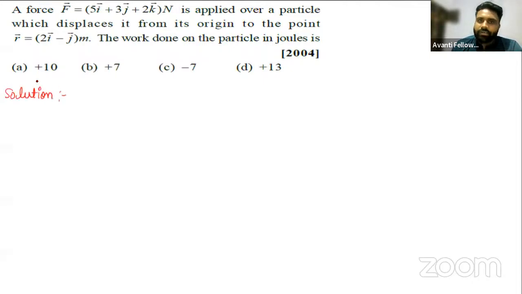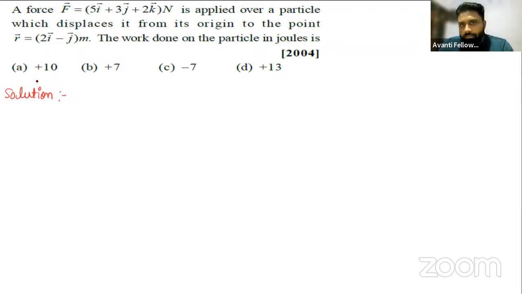Now, in this question, work done has been asked. And this has also been asked in JEE. So a force F vector is equal to 5 I cap plus 3 J cap plus 2 K cap Newton is applied over a particle which displaces it from its origin to the point R vector is equal to 2 I cap minus J cap.